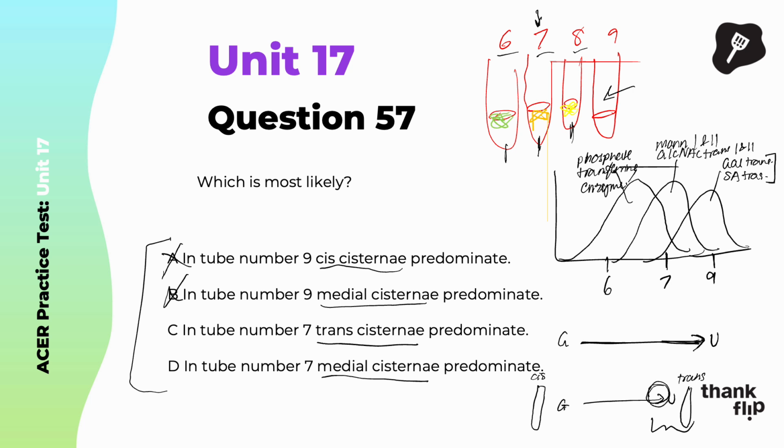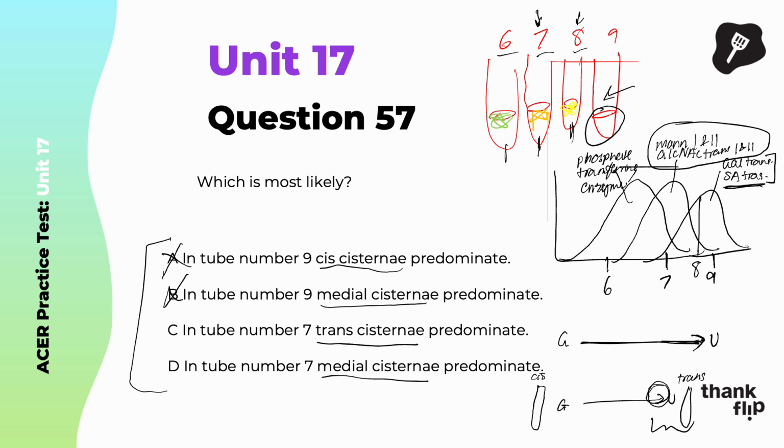And so if you go back to your flowchart, you'll find that this is GAL and SA transferases. So in tube number 9, or in tube number 8 even, which is kind of like here, because 9 doesn't contain anything, remember, you're likely going to have your trans cisternae. Now, tube number 7, your mannosidase 1 and 2 and your GlcNAc transferases 1 and 2, these are the predominant enzymes here, right?